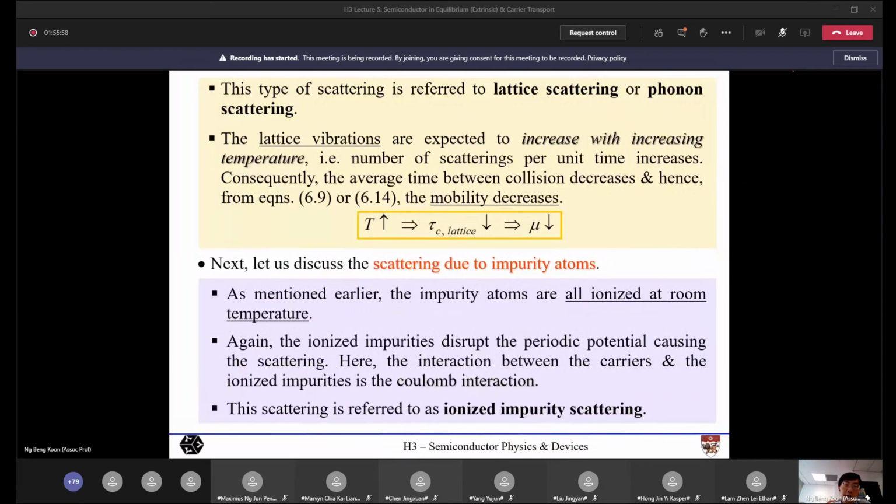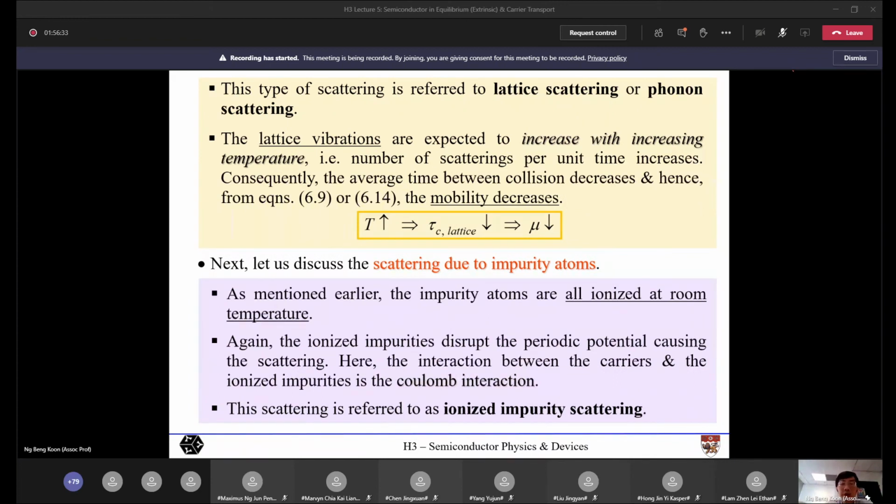In the case of lattice scattering, sometimes also called phonon scattering, the vibration of the atoms has vibrational energy that is also kind of quantized. They vibrate in the form of energy that we can consider as a packet of vibrational energy, like photons. Of course, this energy comes from the vibration, so that's why we also call this phonon scattering.